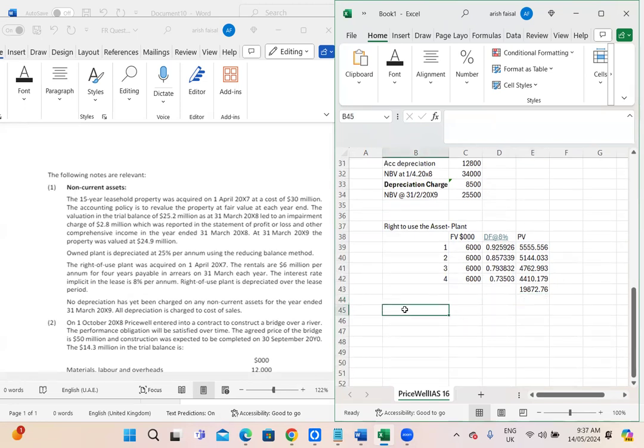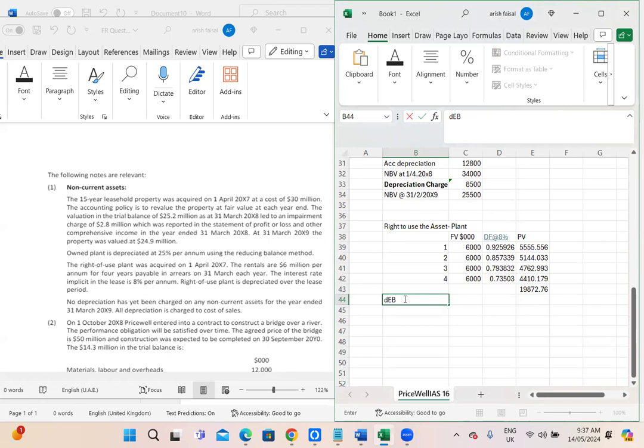So when you're going to be recording it, you can round these up. Anyways, here the initial entry would have been 19872.